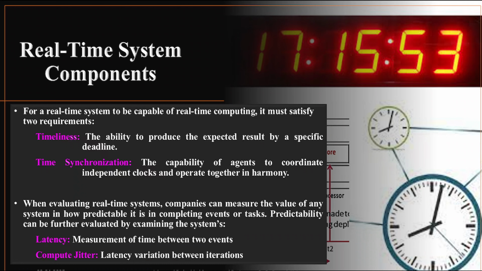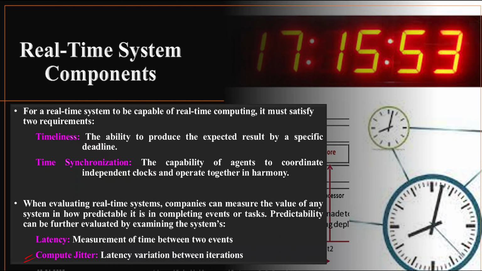The predictability can be measured in terms of first, latency. Latency means how much time it takes for a task to enter into a system and generate an output within a specific time. Or we can say it is the measurement of time between two events.